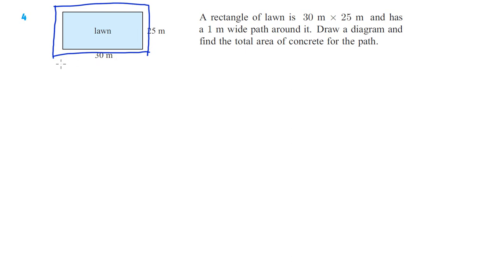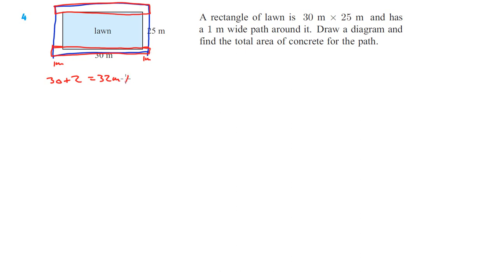So let's say if this whole thing here is 30, but now we have, again, this is not a beautiful drawing, but you get the idea. This whole thing here is 30, but we also know that this is 1 meter from here to here, and also 1 meter from here to here. The length of this piece of the path right here and this piece of the path up here is going to be 30 plus the two 1 meter pieces. So 30 plus 2, that's going to be 32 meters.